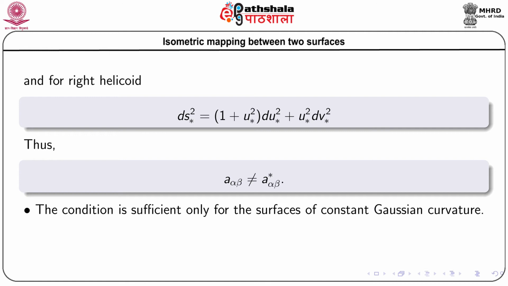So, the condition is sufficient only for the surfaces of constant Gaussian curvature. So, if the Gaussian curvature is constant, then the sufficient condition holds, otherwise the condition is not sufficient in general. In the first section of module 2 of chapter 10, we have learnt about isometric mapping.